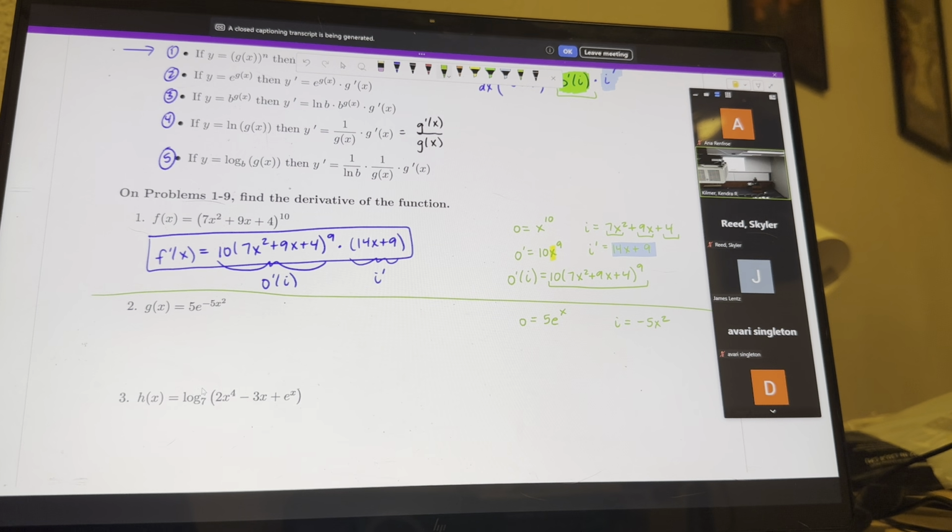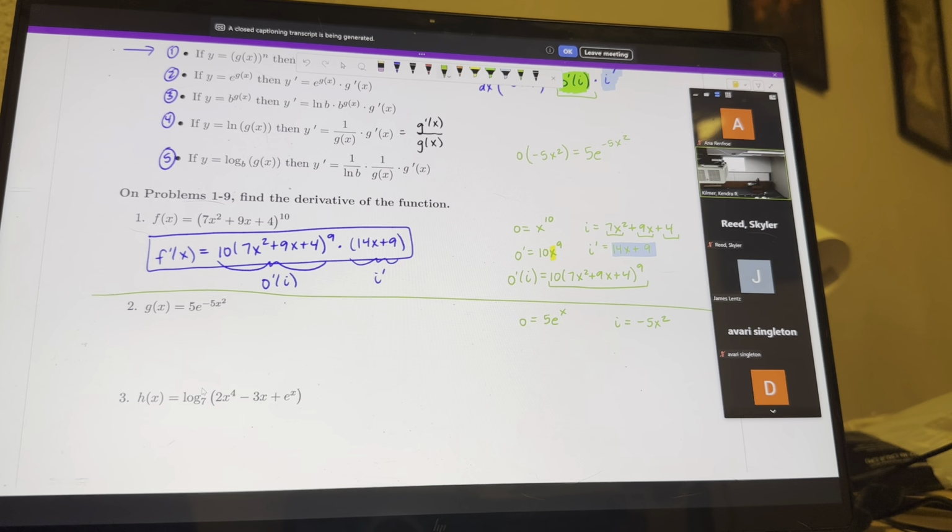Okay. If you struggle with seeing that, realize that if I wanted to evaluate my outer function at negative 5x squared, that just means that I would plug in this negative 5x squared for every occurrence of x. So I'd plug in negative 5x squared for that x.